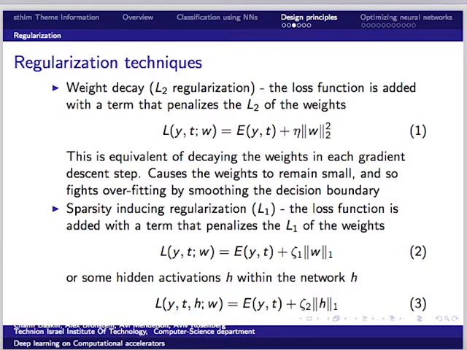Here someone presented the L1 norm, which penalizes like L2 but without the square root. And another function uses hidden activations H within the network, so here we use an L1 loss on hidden activations.